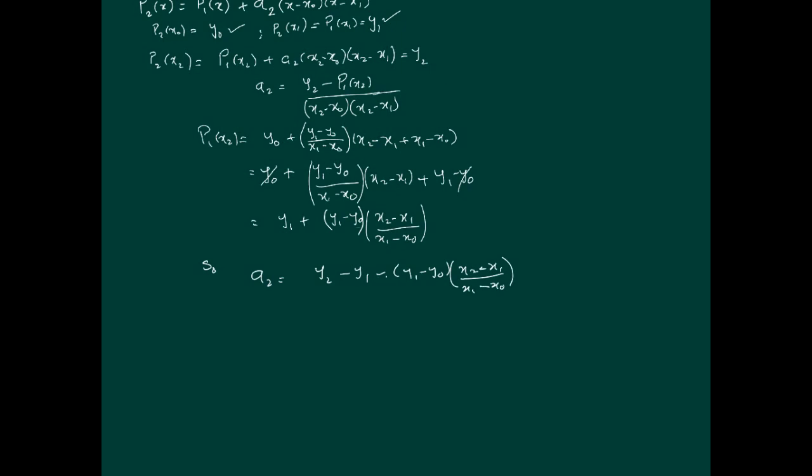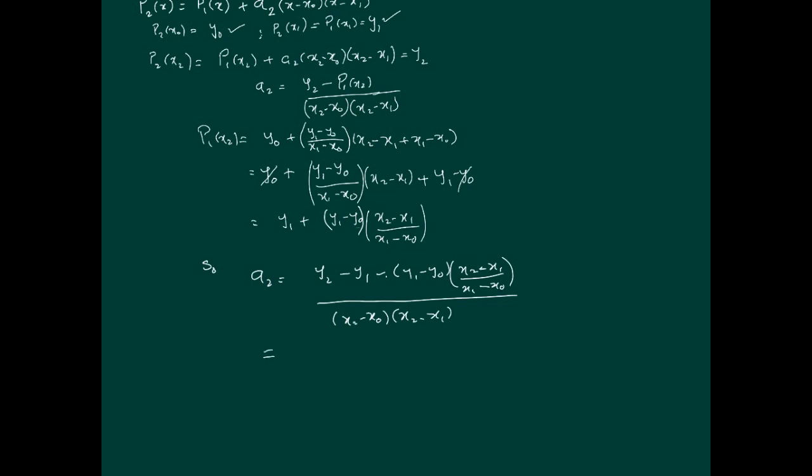We'll get that, and all of this is then divided by what we had before, which is x2 minus x0 into x2 minus x1.